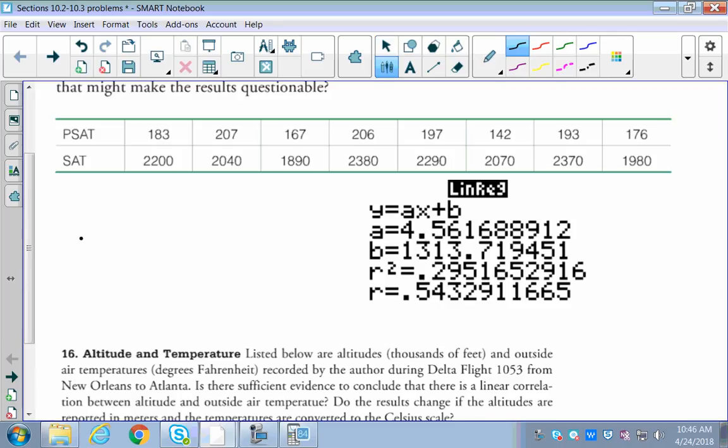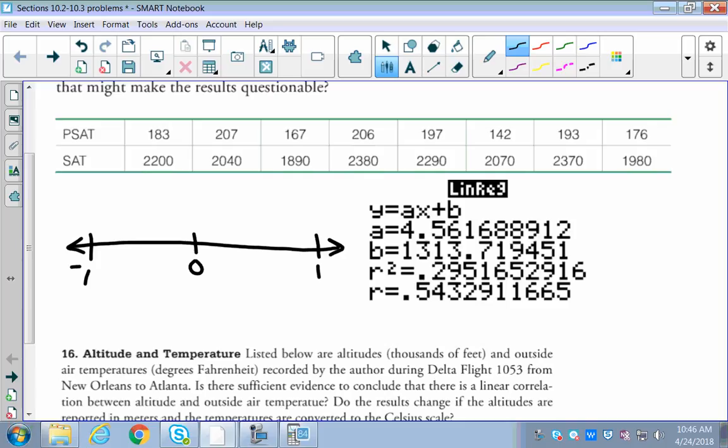So if I have a line, remember that if it were a perfect model, being that every single data point was absolutely on that line, that would be a perfect model. It could be with an R being -1, or it could be with an R being +1.